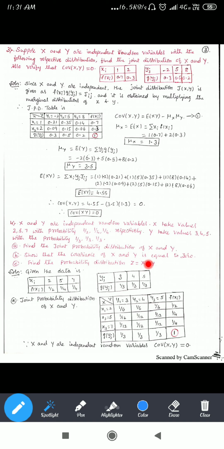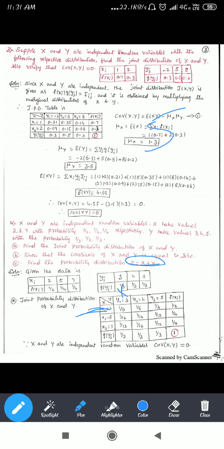So we see x plus y, here 3 and 2. If you add 3 and 2, you will get 5. First we'll do for x1, y1: 2 plus 3 is 5.